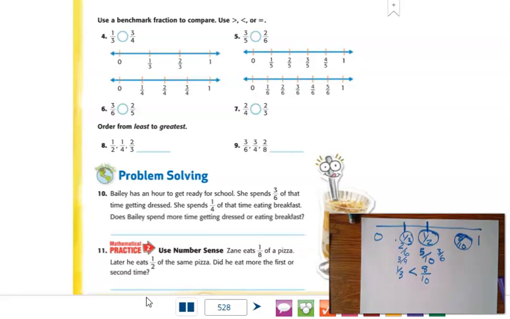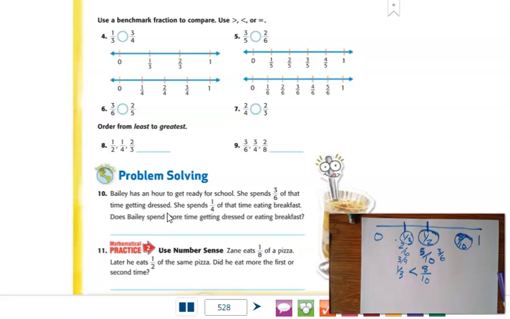Now looking at page 528, I did notice they're doing these comparing from least to greatest, and they give you a half here, and if you look, you don't see one that's a half, but there is one that is equivalent to 1/2 that is here. So you just need to look and figure out which of these 3 is equivalent to 1/2, and then you can still use your benchmark there.